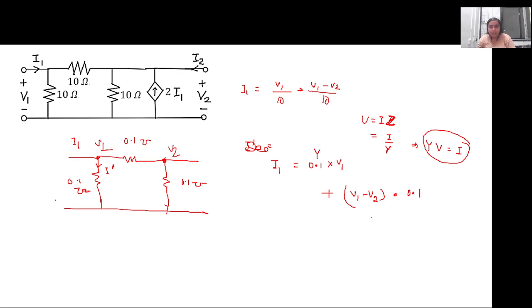This is again Y into V. The relation V equal to IZ has to be valid. Similarly, I2 will be equal to V2 into 0.1 plus V2 minus V1 into again 0.1.